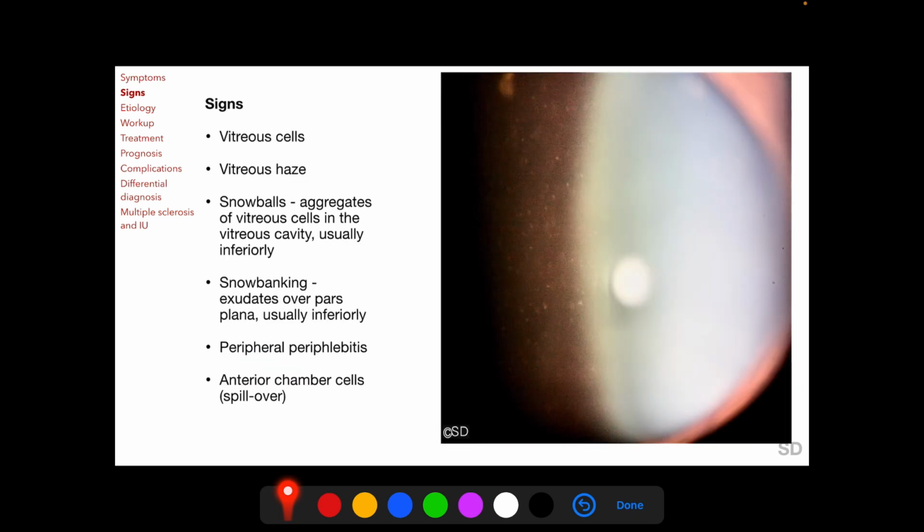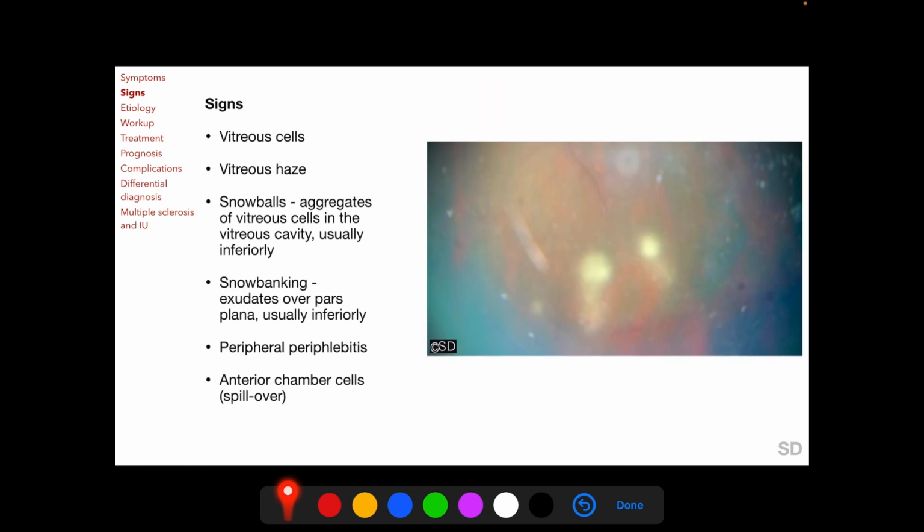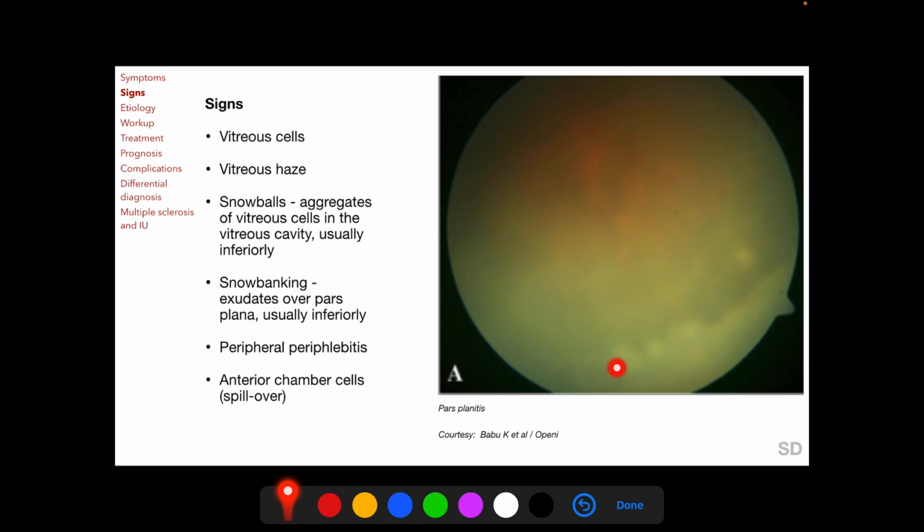Signs include vitreous cells. In this picture we can see the vitreous cells behind the crystalline lens, vitreous haze, snowballs, which are aggregates of vitreous cells within the vitreous cavity and usually lie in the inferior aspect of the vitreous cavity, and the presence of exudates over the pars plana, which is called snowbanking, and this also occurs predominantly in the inferior quadrant.